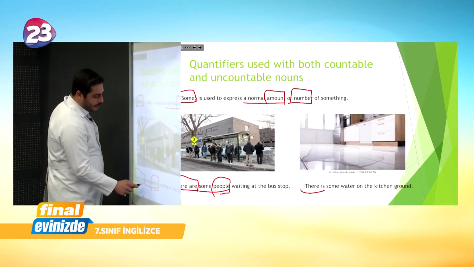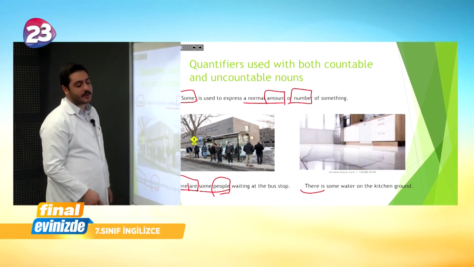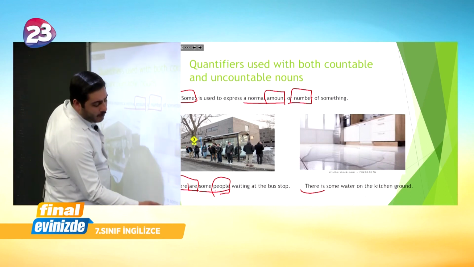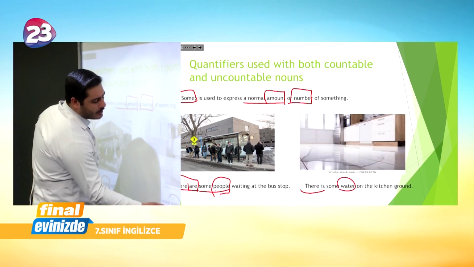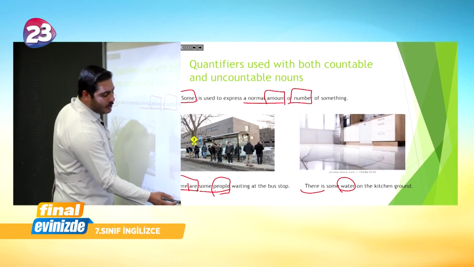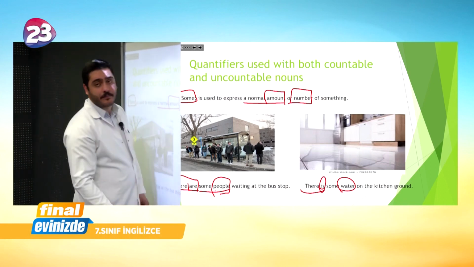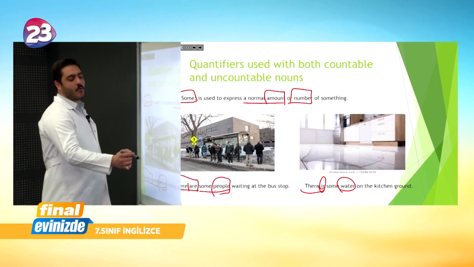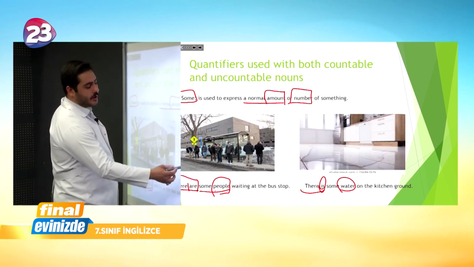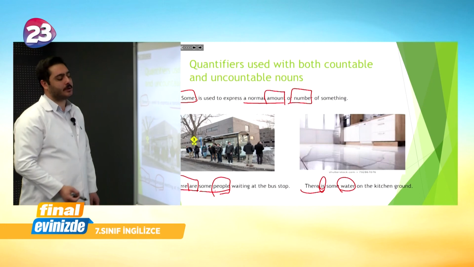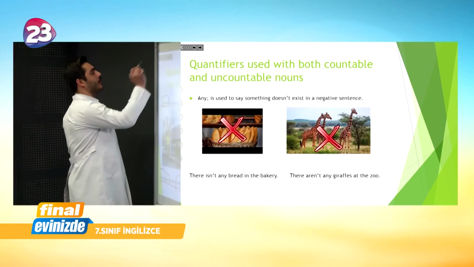For example, people, there are. But if we write them for an uncountable noun like water, we have to write singular forms. Can you see? There is some water on the kitchen ground. Here, on the kitchen ground, there is some water.